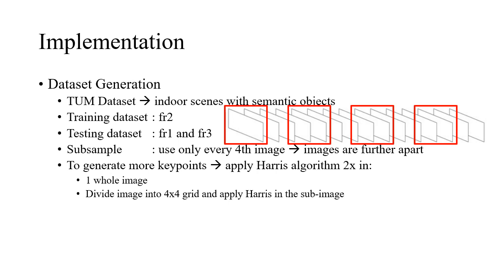After that, they do subsampling by selecting only every fourth image in the sequences to make them more different. And to generate more key points in the images, the author applied the Harris algorithm twice. First, they apply it to the whole image, and then they divide the image into 4 times 4 grids and apply it one more time in the sub-images.